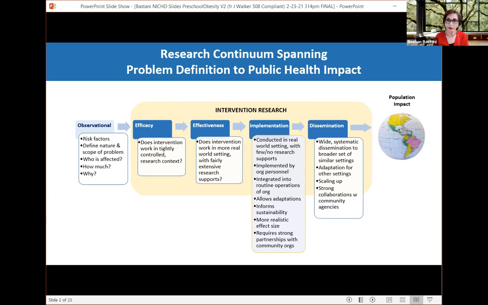Another difference between efficacy, effectiveness, and implementation is that the implementation research allows for adaptations, which make things even more messy, versus strict adherence to a protocol. And also the effect sizes that we're going to see with implementation research are likely to be much smaller than what you would see in a tightly controlled setting of an effectiveness or efficacy trial.